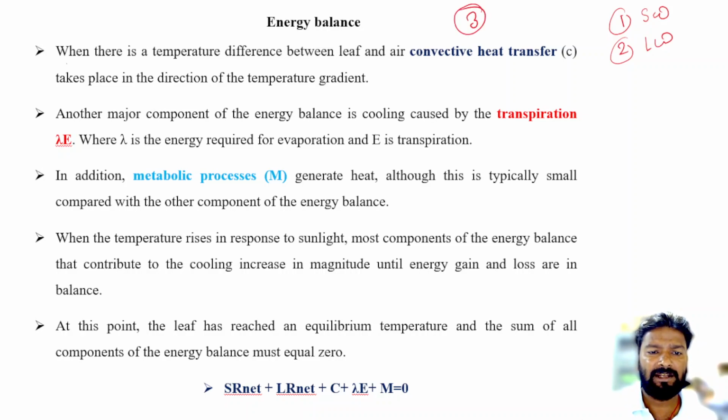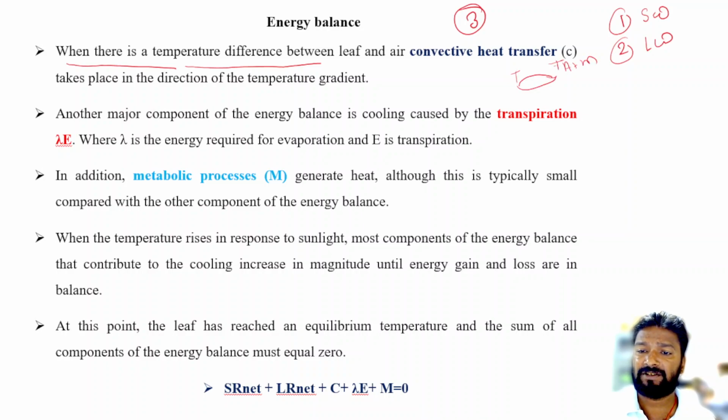When there is a temperature difference between the leaf and the atmosphere, a temperature gradient, between leaf temperature and air, then there will be convective heat transfer.